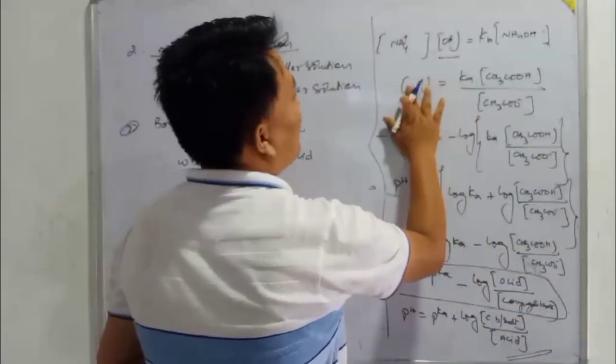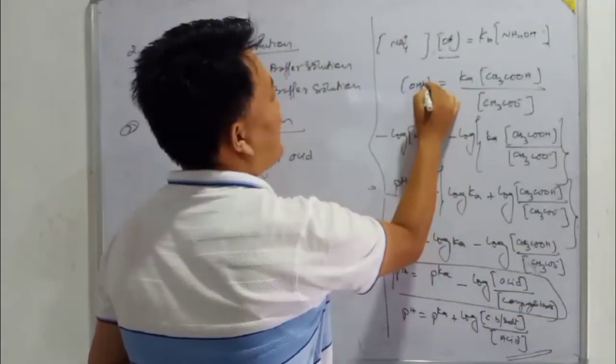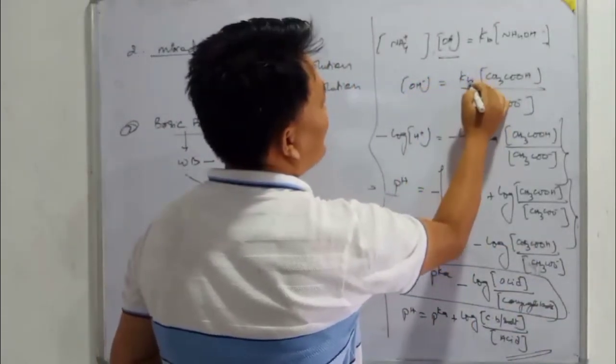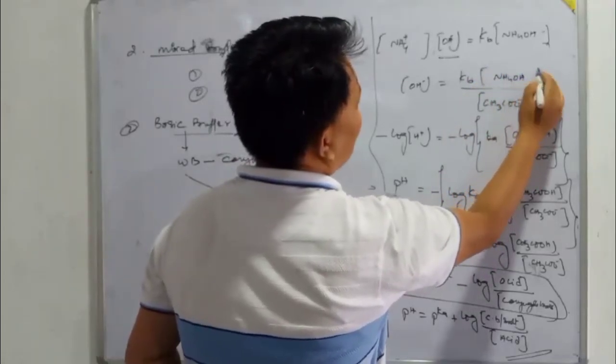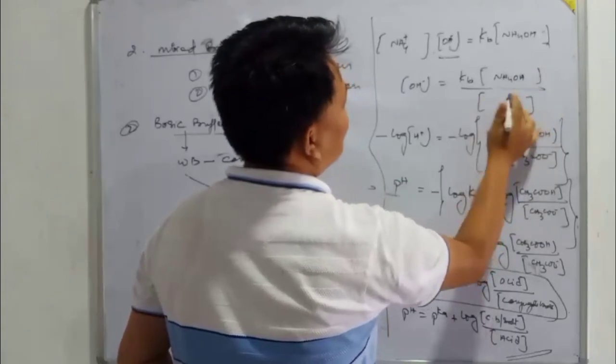Then OH minus, then Kb, and here ammonium hydroxide and the conjugate acid.